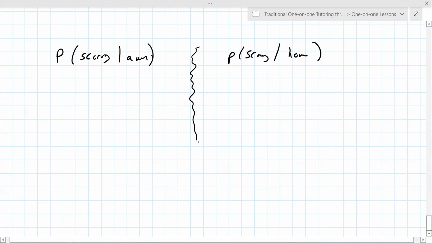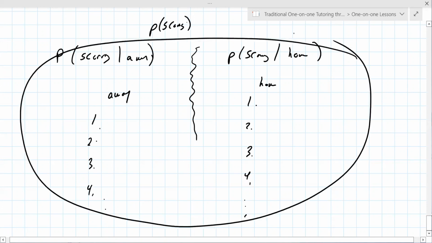So, if I asked you the probability of scoring given that you are away, and the probability of scoring given that you're at home, these might be different, right? Correct. Now, in terms of how we would calculate the away, you have different games away versus home, obviously. But if we want to know the probability of you scoring overall, it would be both of these combined.